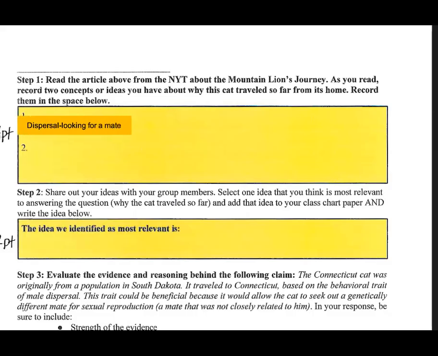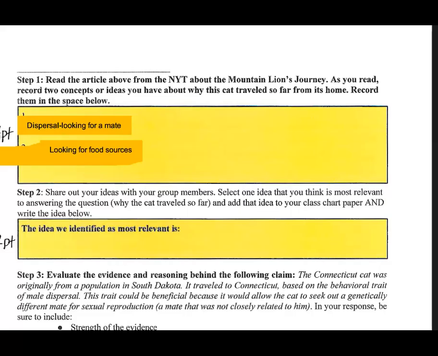So that was the first thing that I came up with. And the second thing that I came up with, which really wasn't listed in the article, was looking for food sources. So maybe where the animal lived, it was too populated and there was too much competition for food, so he could have been looking for food sources.